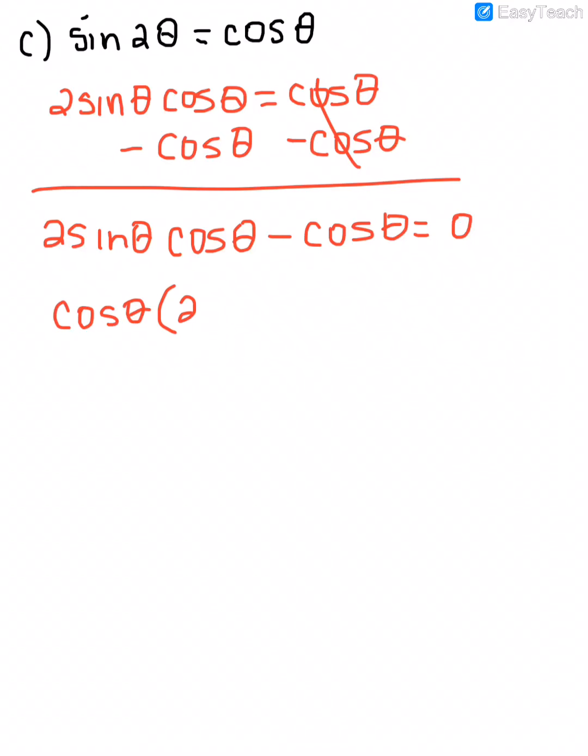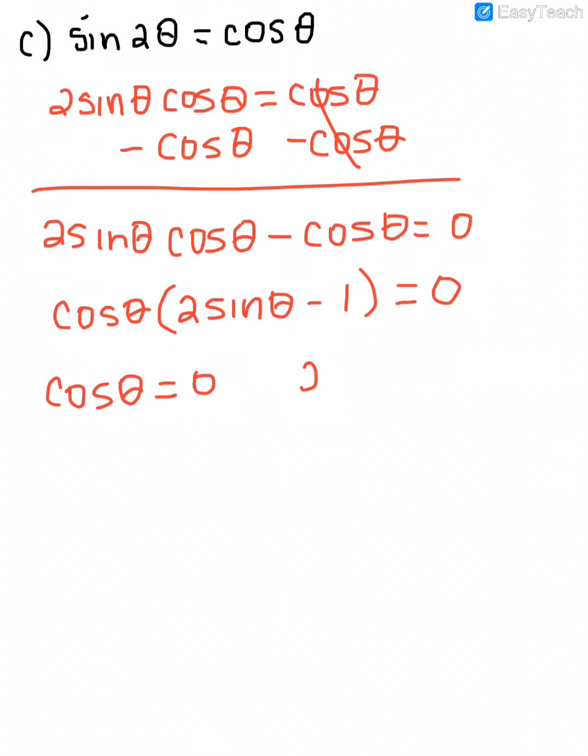If I factor out a cosine of theta, I'm left with 2 sine of theta minus 1. Now my equation is factored, and I'm going to set each factor equal to 0. Cosine of theta equals 0, and 2 sine of theta minus 1 equals 0.